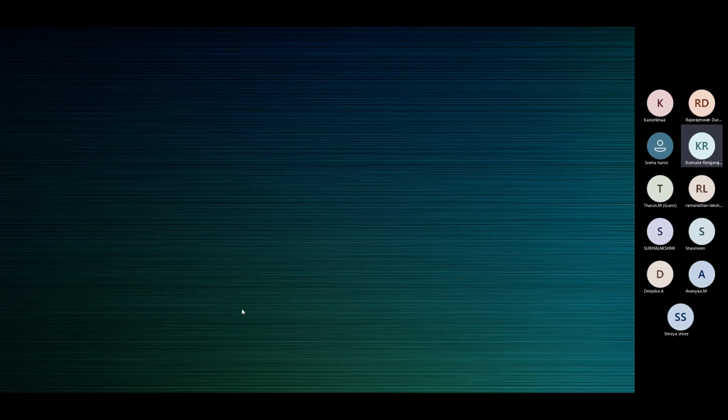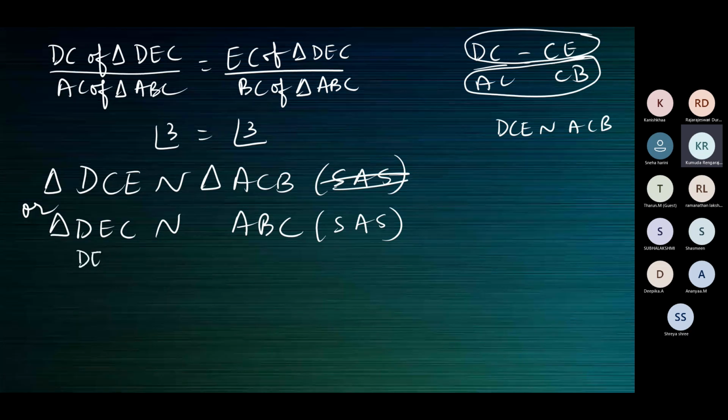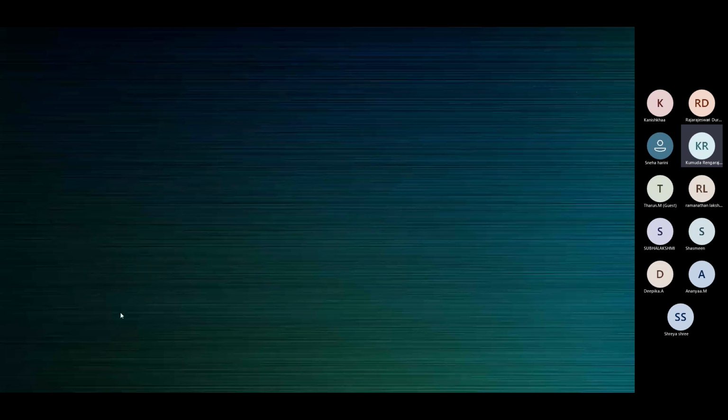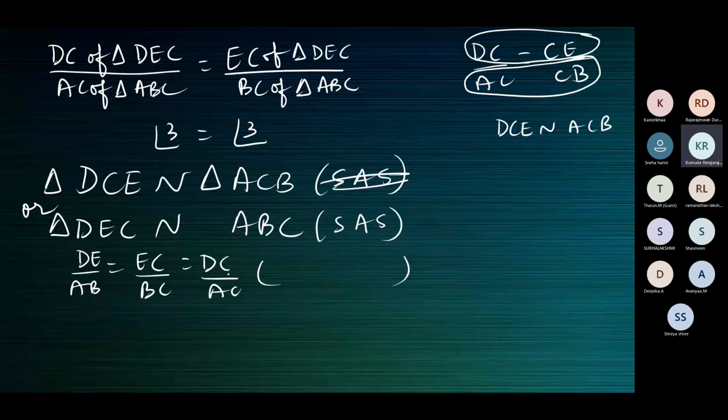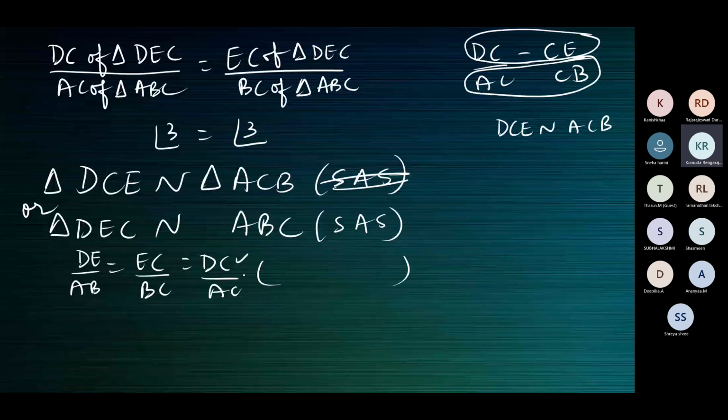So now the proportion. You need to show that CD by AB, so write all the six. DE by AB is equal to EC by BC is equal to DC by AC, because in similar triangles corresponding sides are proportional. Now cross multiply. We need to get CD and CA. So take these two ratios: DE by AB is equal to DC by AC.